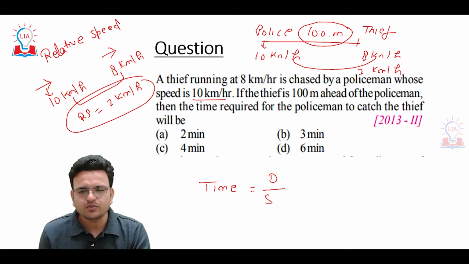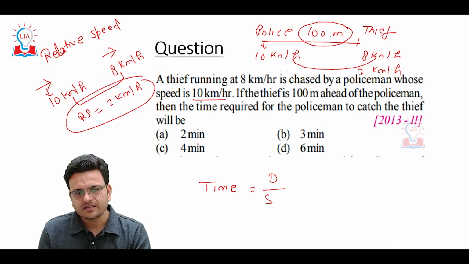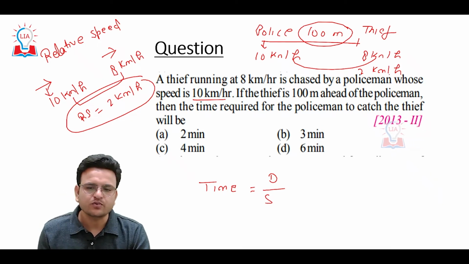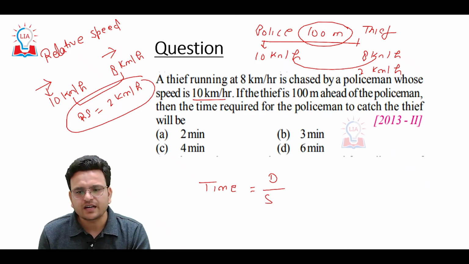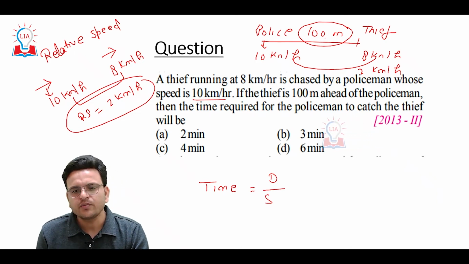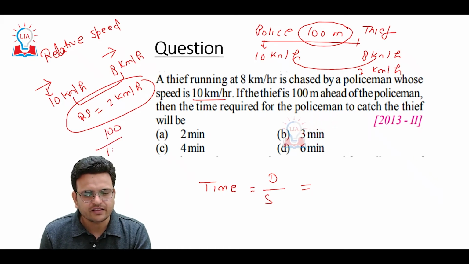So either we have to convert distance into kilometer, or we have to convert speed into meter per second. So better we can convert the meter into kilometer. So it will be 100 meter divided by 1000, so 0.1 kilometer.